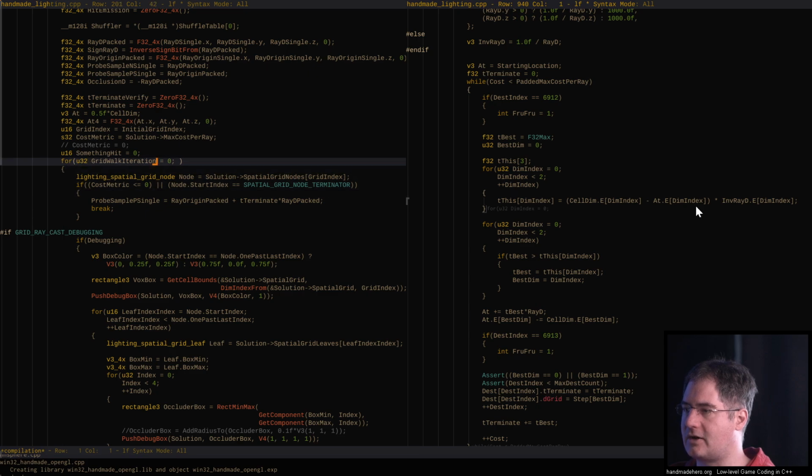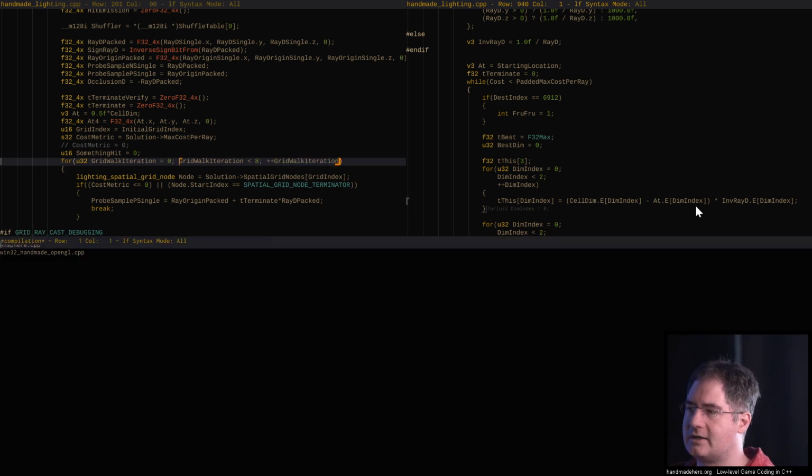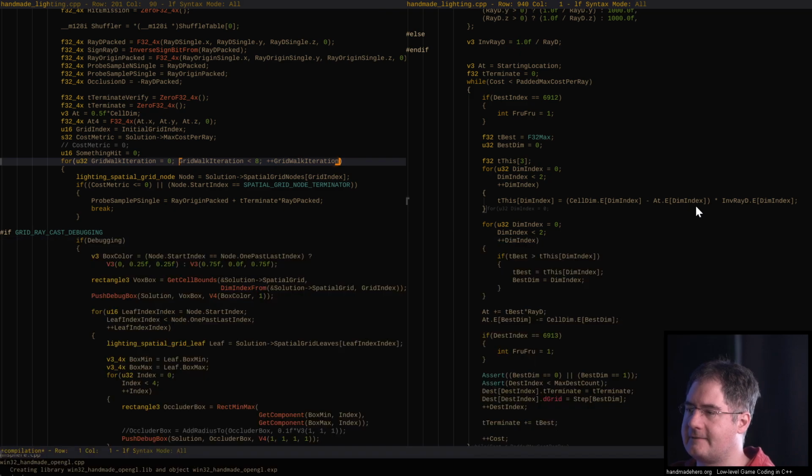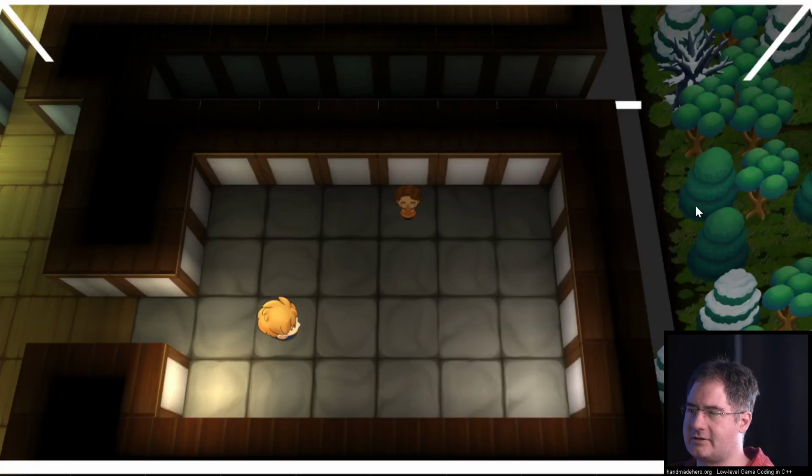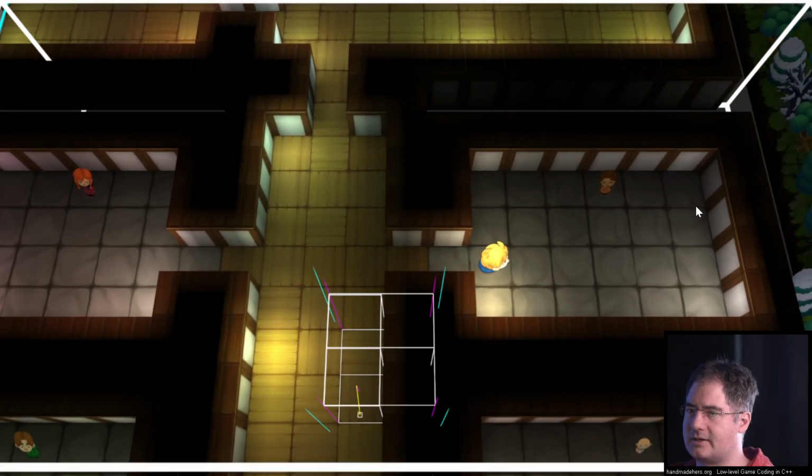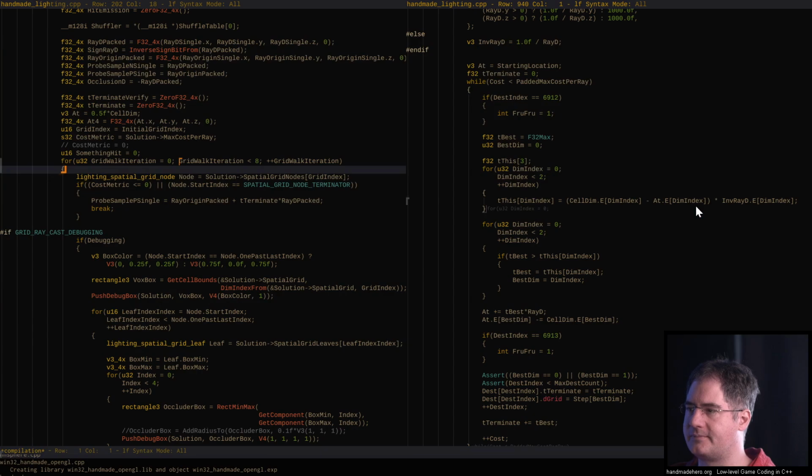And I just hard bound that. I say, look, 8 grid squares is all you get, no matter what happens. Presumably the lighting doesn't change much, right?